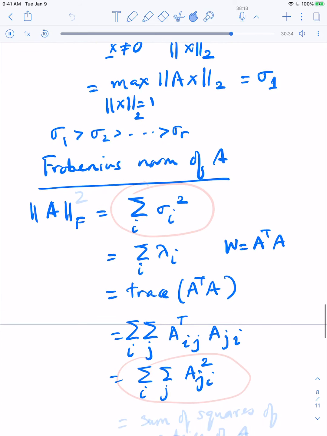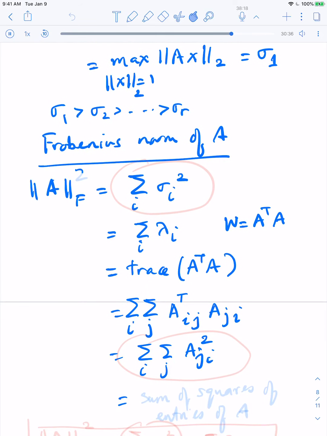So basically, this is the Frobenius norm squared.